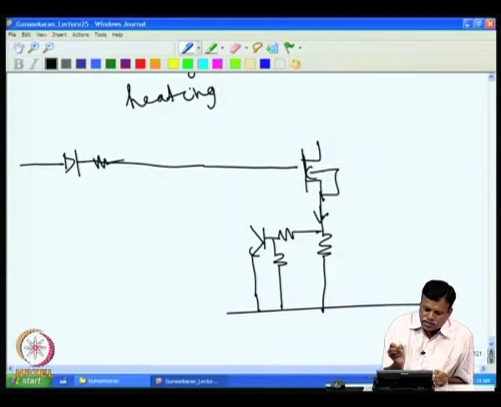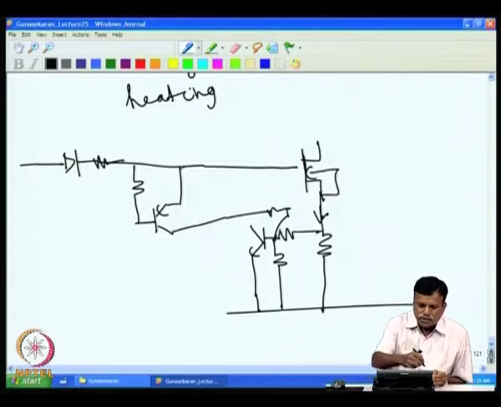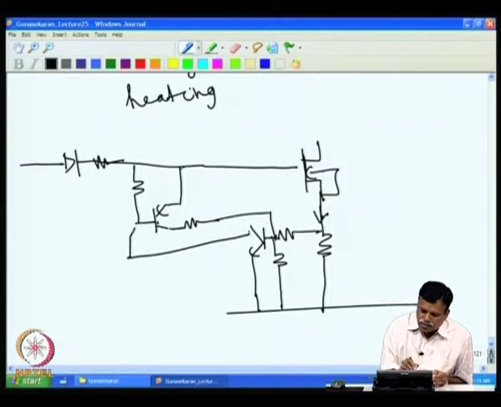Assume we have a resistance here. So, what can be done is we can have a latch part that can be designed this way, and then this can be connected to this.